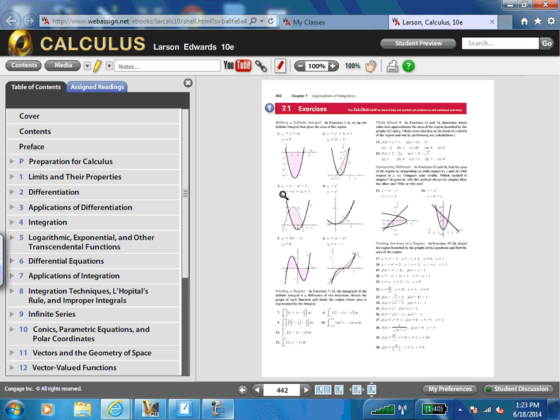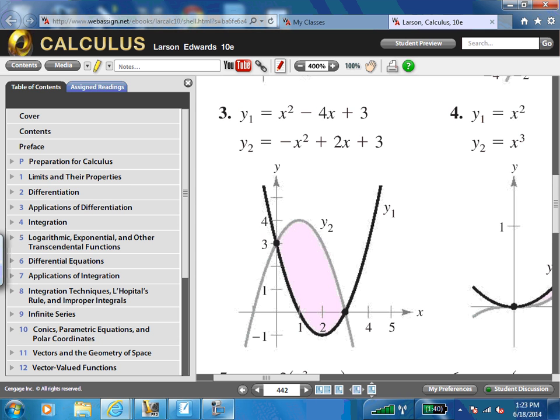I know that's an odd one, but this. So if we want to look at these, we have two different curves. We have y1 describes the bold curve, y2 describes the lighter one.